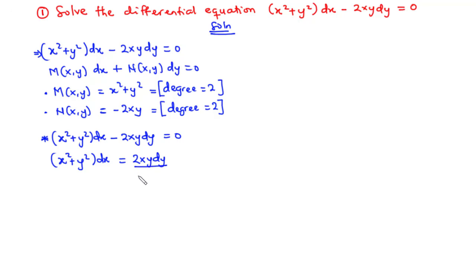We divide through by 2xy dx, and this cancels out this, and this also cancels out this, and we have (x^2 + y^2)/(2xy) = dy/dx.